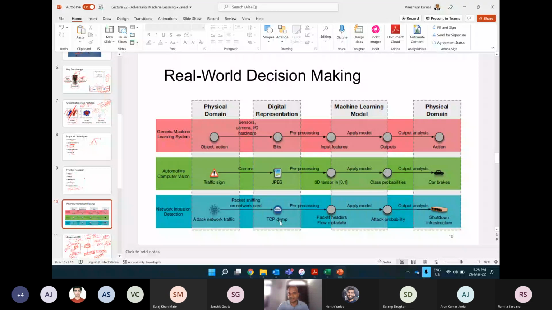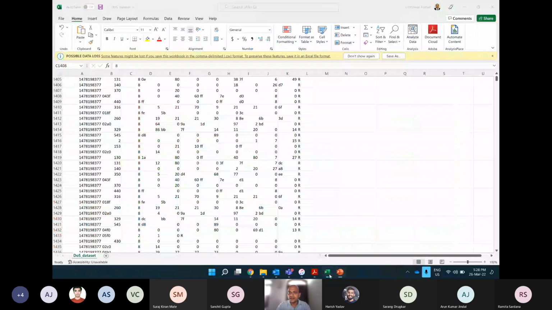The packet headers will probably contain this timing information, and all of that has been done. In pre-processing, you will look into this data, figure out what the IDs are, what the periodicity is, all of that comes as part of the pre-processing. Now we are in the area where you have to utilize some machine learning model.